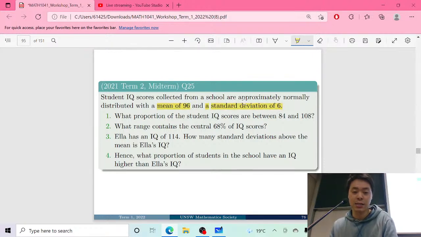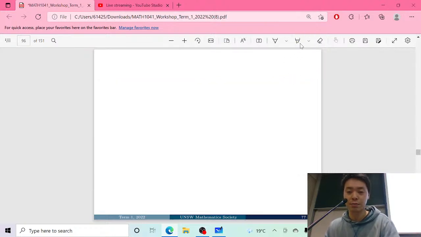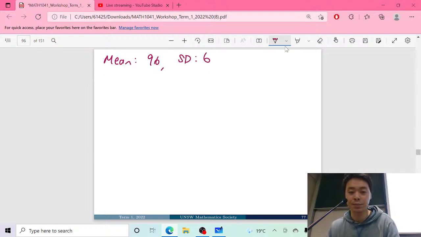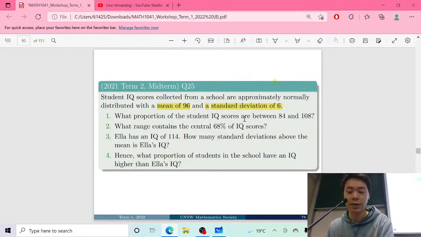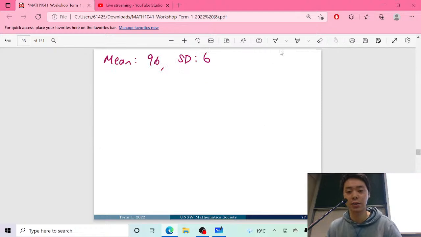The first question asks us for the proportion of student IQ scores that are between 84 and 108. First things first, we know the mean is 96 and the standard deviation is 6.